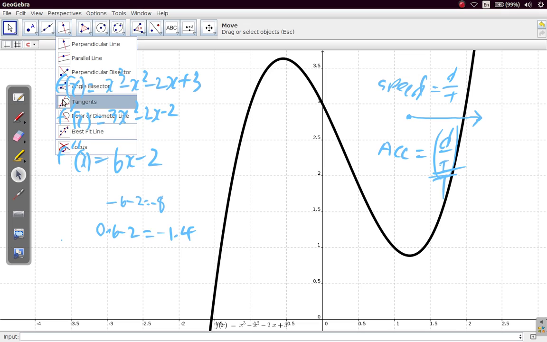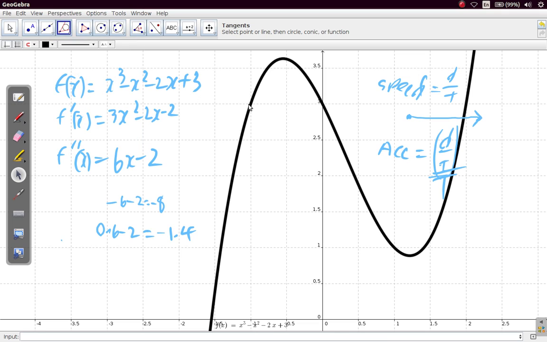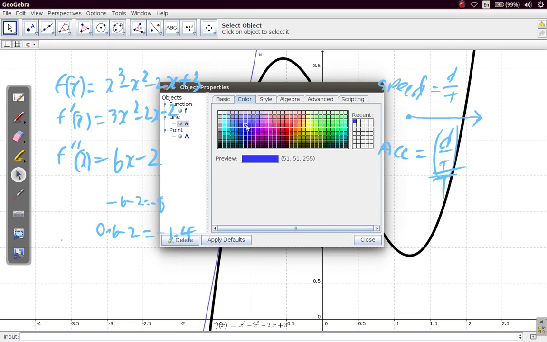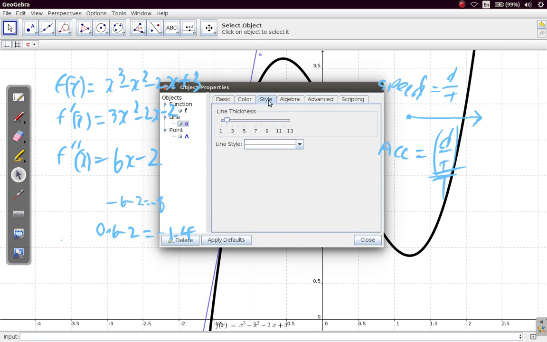Okay, this is my tangent to the curve. Let me make some adjustment to my tangent here. Let me make my tangent in blue color and make it thicker than it is here.